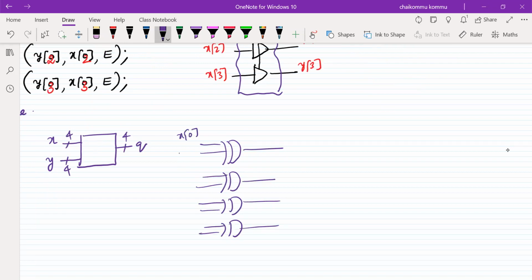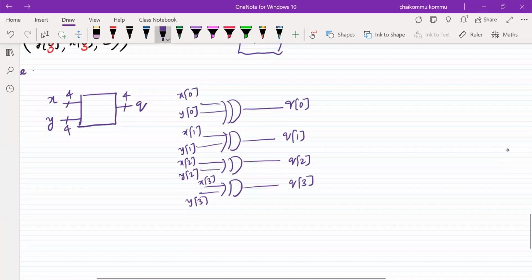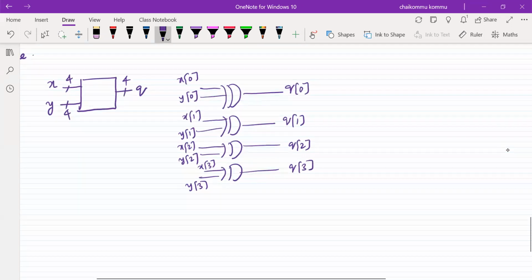X of 0, Y of 0. The first bit of the two must be taken and produce output Q of 0, right? The second one is X of 1, Y of 1. It will produce Q of 1. Next, X of 2, Y of 2. It will produce Q of 2. This is X of 3, Y of 3. It will produce Q of 3. So now this is how we need to write the inside of the module of the XOR gate.